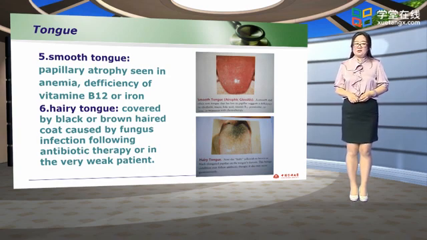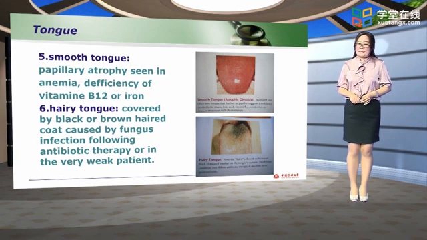Hairy tongue: the tongue is covered by a black or brown hairy coat, caused by fungal infection following antibiotic therapy or in very weak patients.